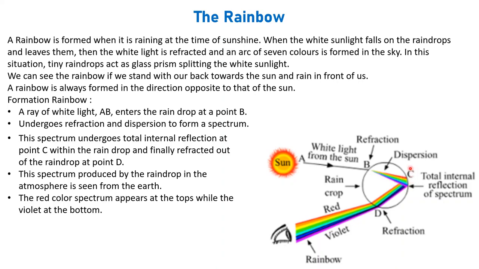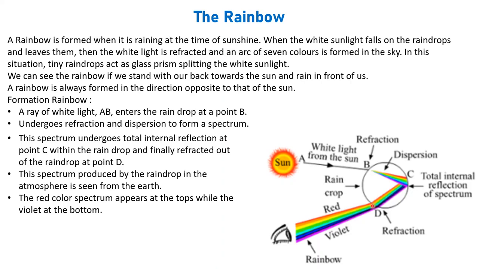So at C, what is happening? At C is happening total internal reflection. Okay, this is total internal reflection, student. So total internal reflection is taking place at point C of the spectrum.